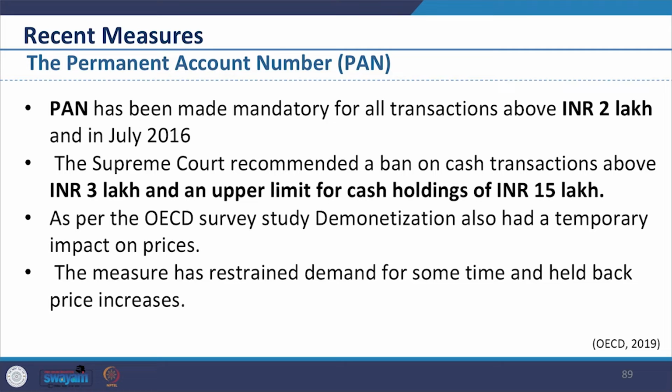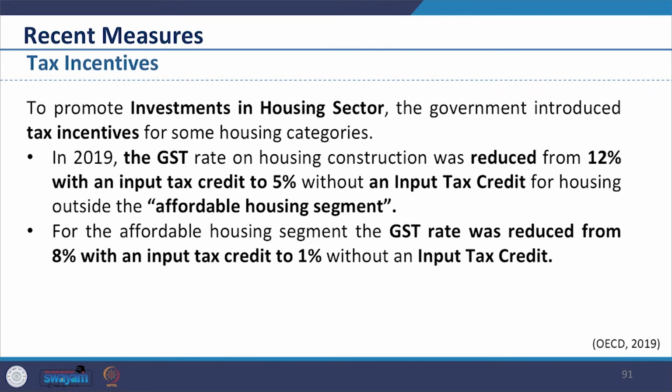As per the OECD survey study, demonetization also had a temporary impact on prices. The measures have restrained demand for some time and held back price increase. We also see that in order to promote investments in the housing sector, the government introduced tax incentives for some housing categories.